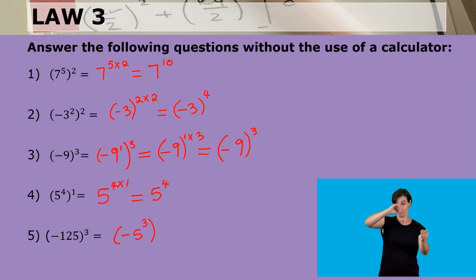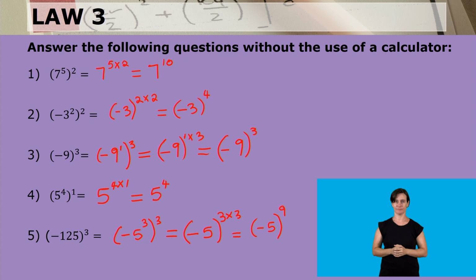And of course, that whole power is raised to an exponent 3. Now, what is that going to become? That is going to become a negative 5, and we are going to raise it to the exponent 3 multiplied by 3, which will then give us a final answer of negative 5 raised to an exponent of 9.